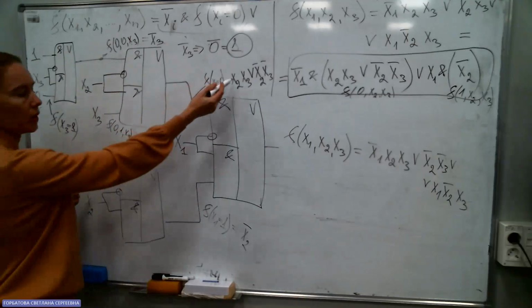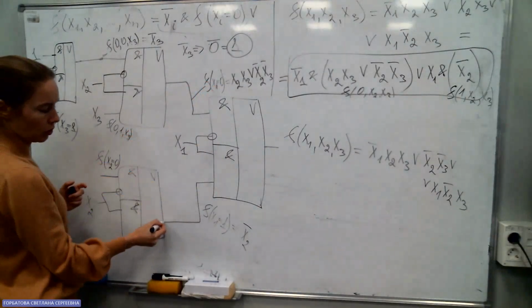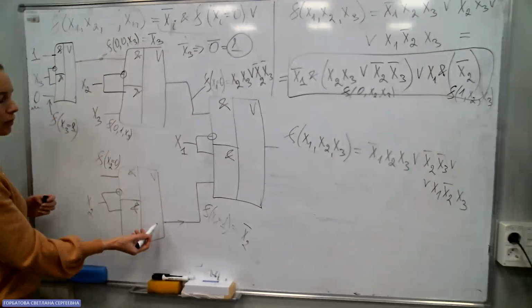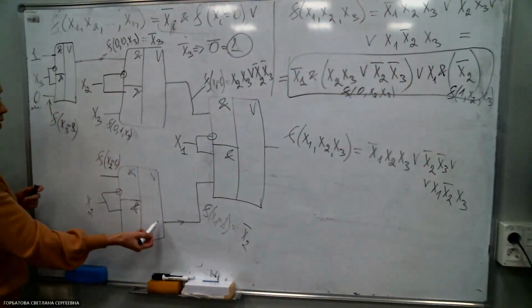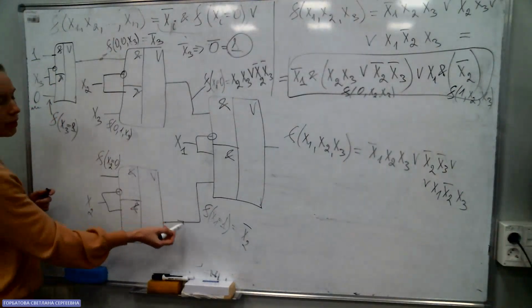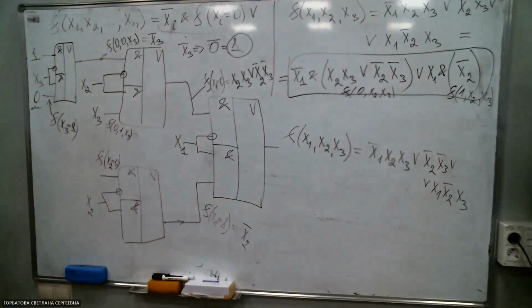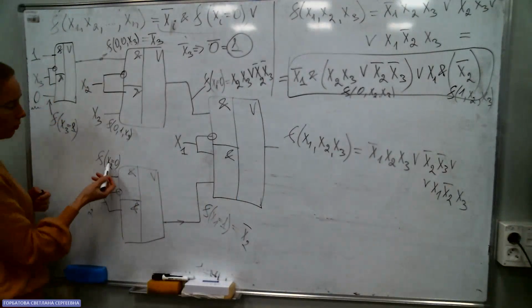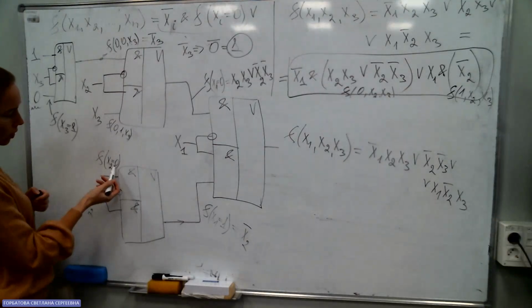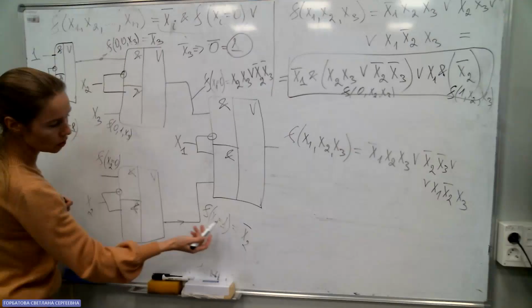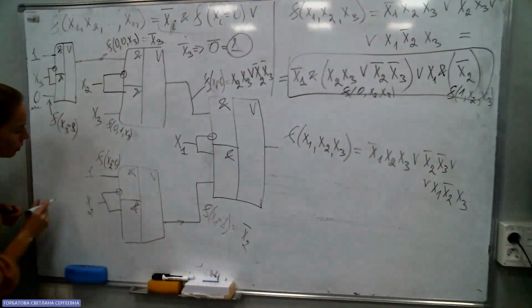This is f, not this one, but this one, because this is output of this block and input for this block. So instead of x2, I put here 0 and not 0, it is 1.